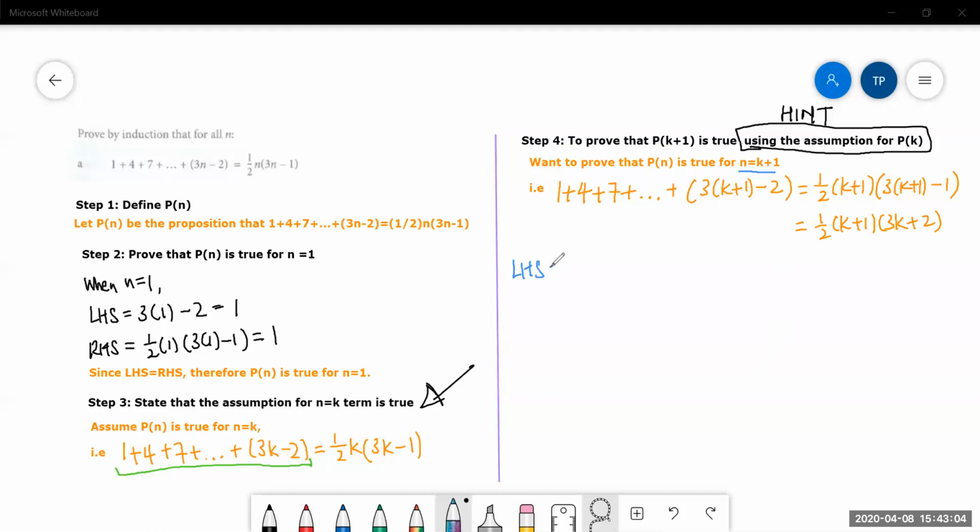Left-hand side will be equals to, the trick is to always write the k term before the k plus 1 term. Because I thought it was 3k plus 1, but it is 3k plus 2. Then I think we'll be able to get the correct answer.